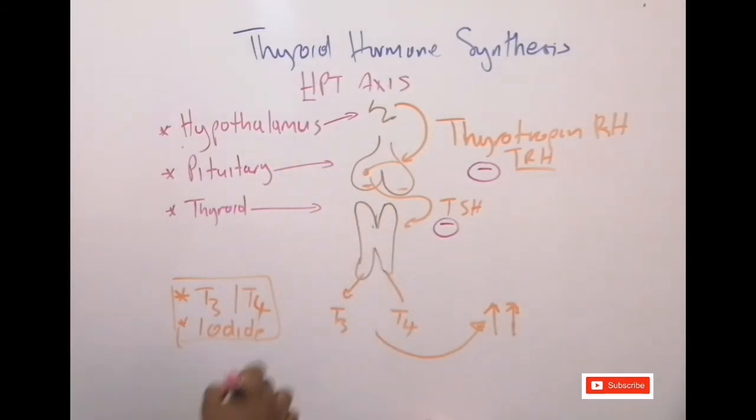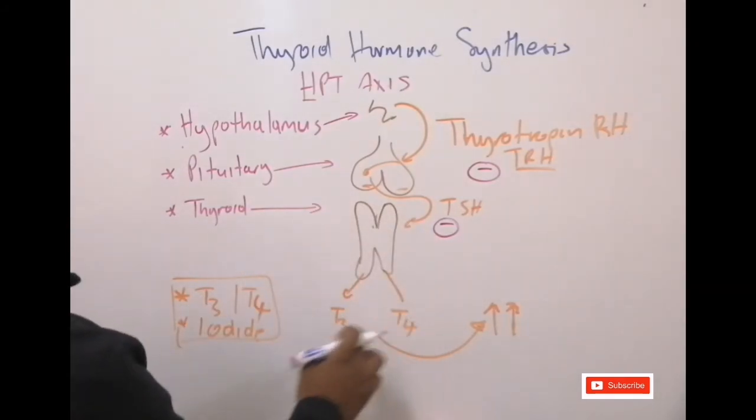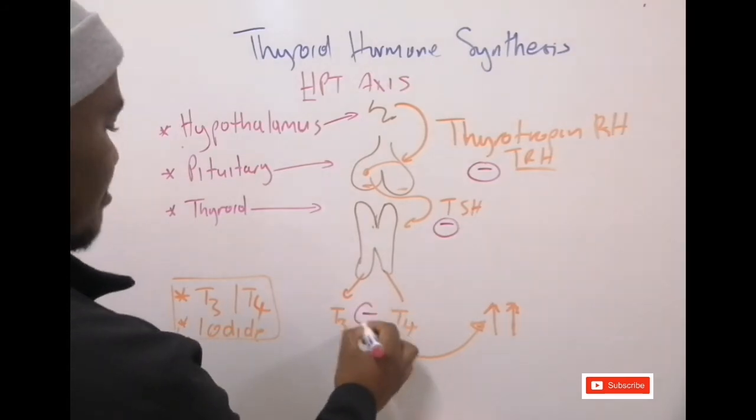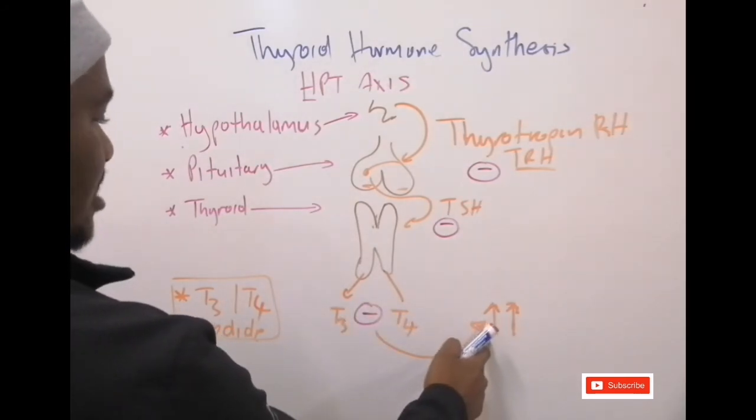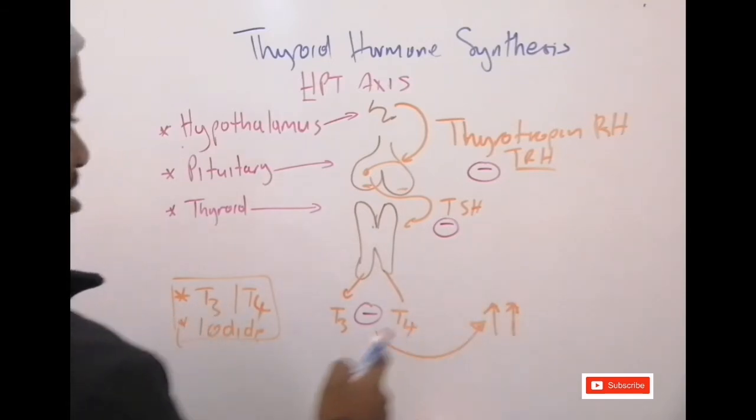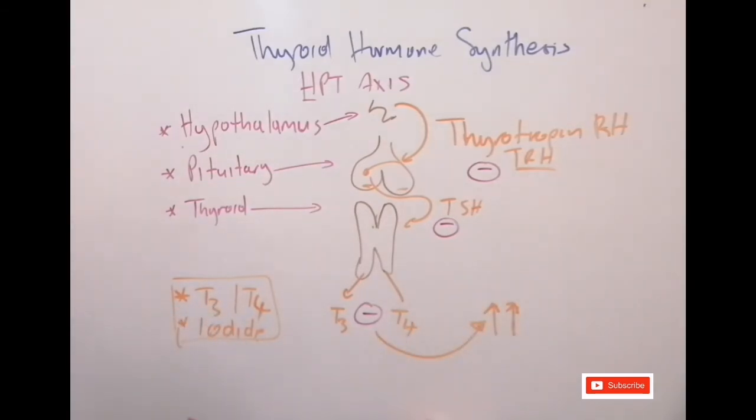And because TSH will be inhibited, the release of T3 and T4 will also be inhibited, in an attempt to drop the serum levels of T3 and T4, because we don't want a state of hyperthyroidism, meaning too much T3 and T4, or a state of hypothyroidism, which is a condition where there are low levels of T3 and T4.